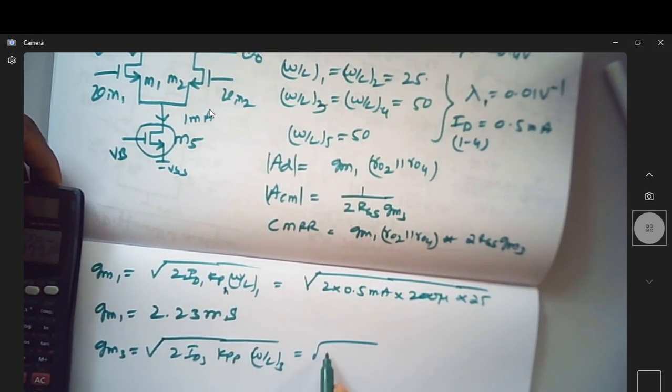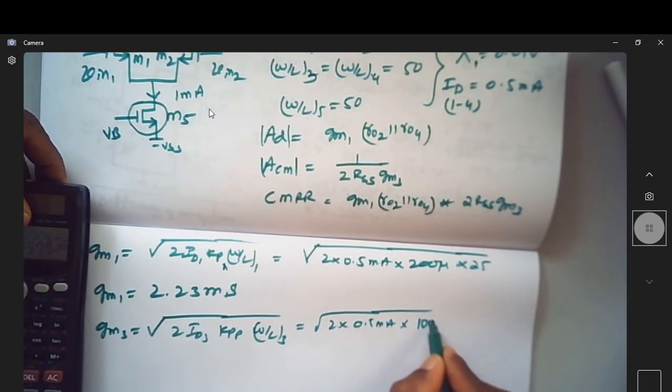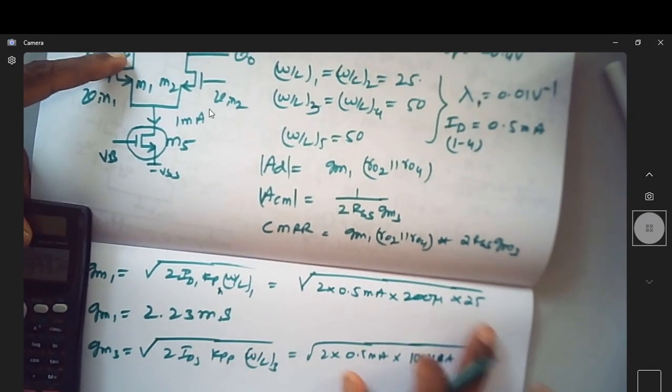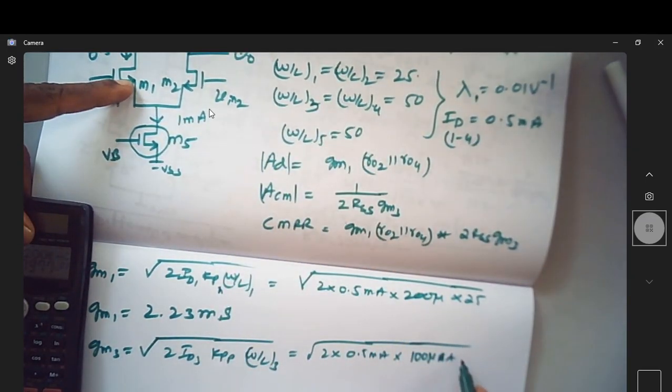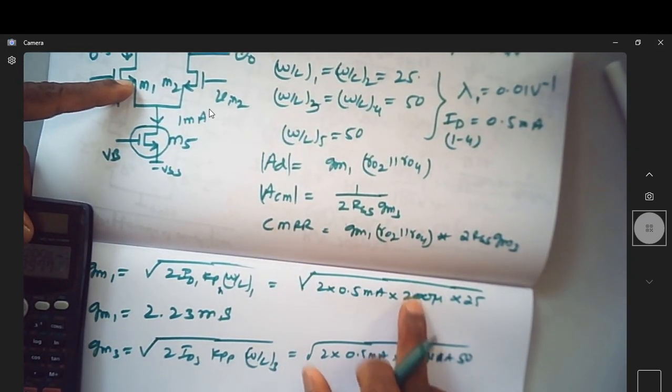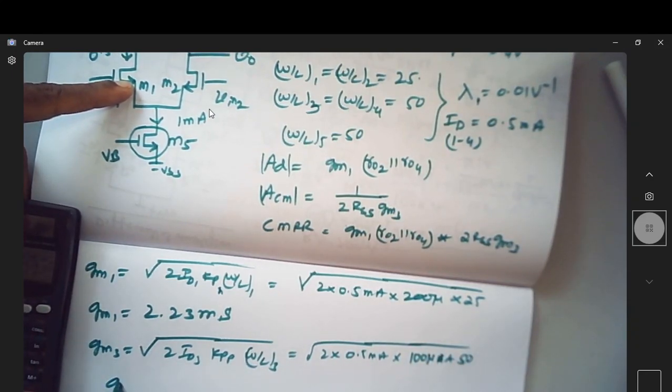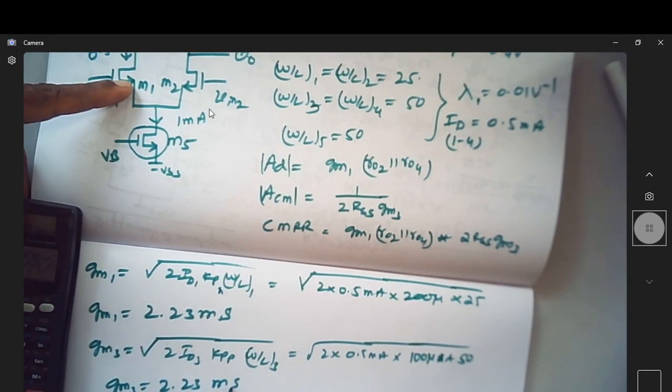Now it is again 2 into 0.5 milliampere multiplied by, since it is a PMOS transistor, this is now 100 micro, multiplied by W by L of 3, which is actually twice of it, so it is now 50. So here it is divided by 2, here it is multiplied by 2. So GM3 is also the same as GM1, which is nothing but 2.23 millisiemens.